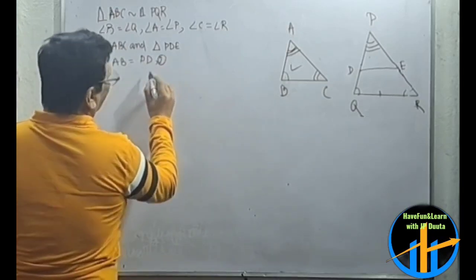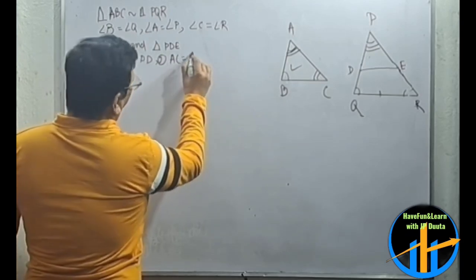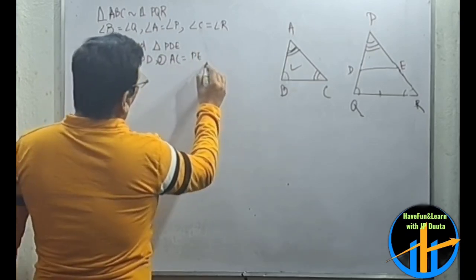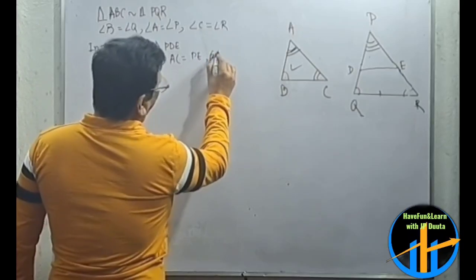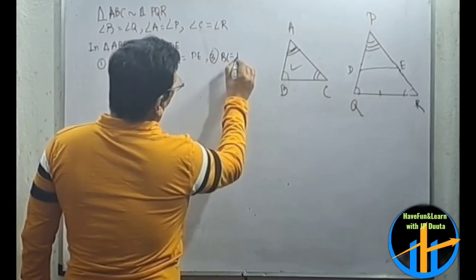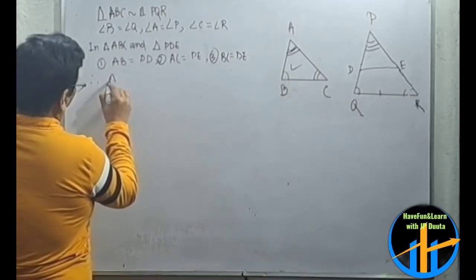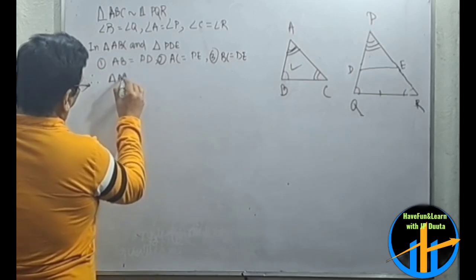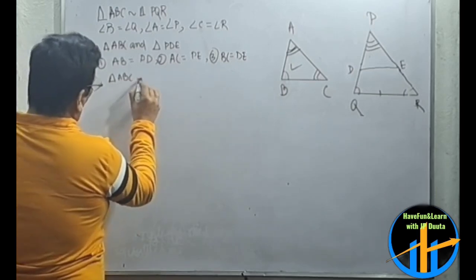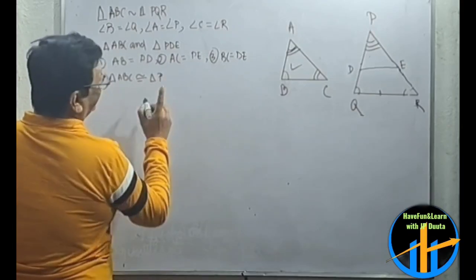Number two, AC is equal to PE. And number three, BC is equal to DE. Therefore, triangle ABC is congruent to triangle PDE.